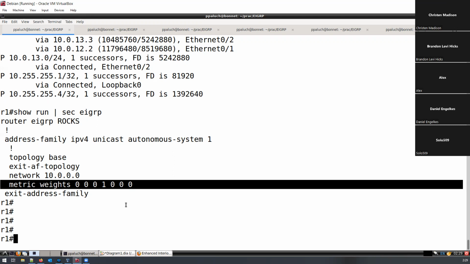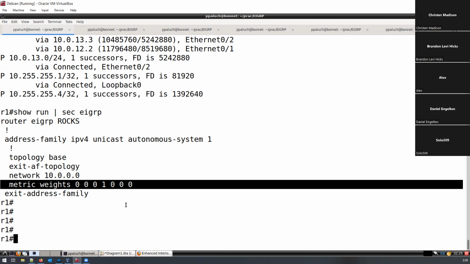Because once again, we're taking the minimum bandwidth into account. And if the smallest bandwidth isn't at your interface, then changing your interface's bandwidth isn't going to influence the metric of the path overall.